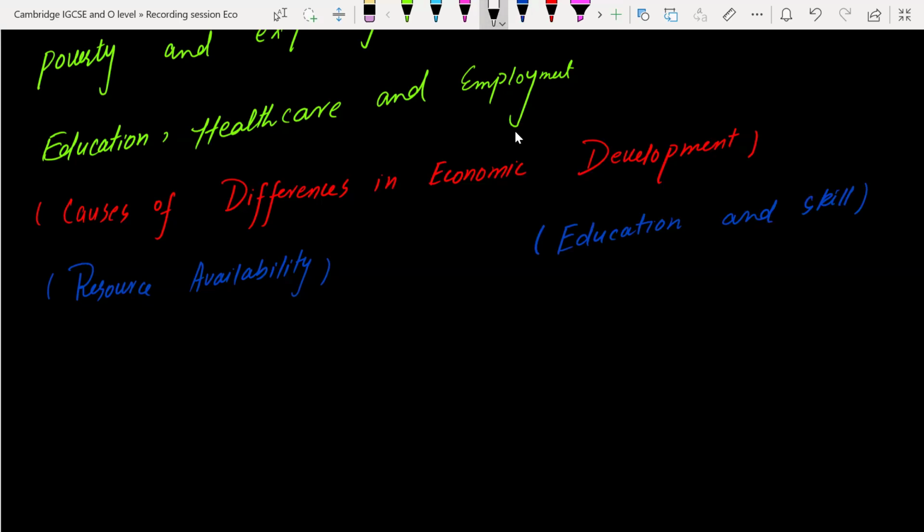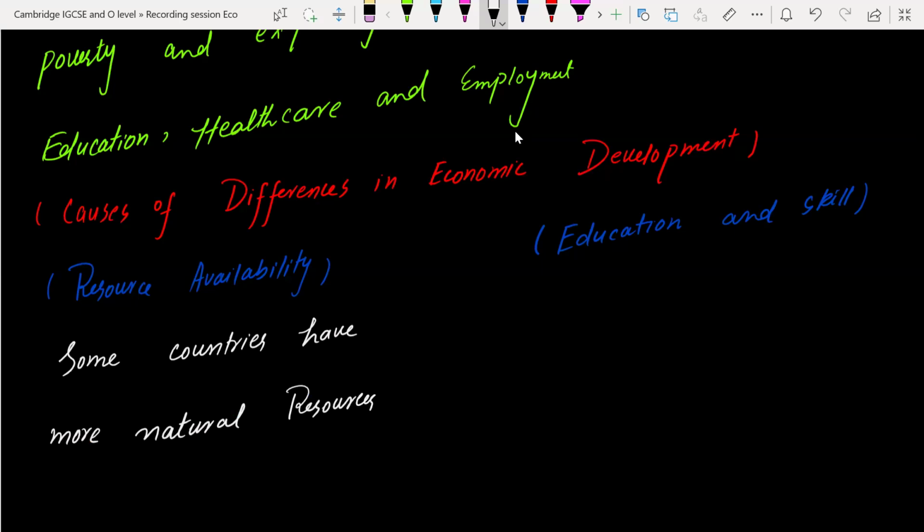Some countries have more natural resources. Better education, population drive growth.